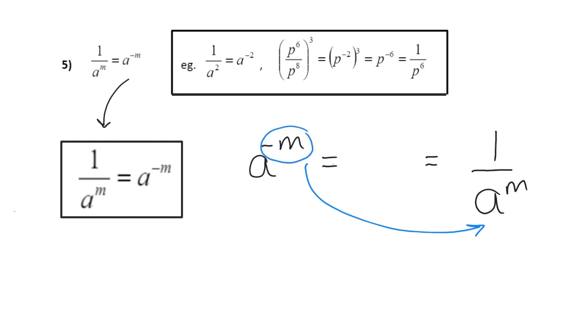But what's actually happened is we've taken, again, the invisible 1 that's at the front; it's appeared now on the top, and the a to the m is down the bottom. So you might have been asking, how do we go from a to the power of negative m to 1 over? Where does that 1 come from? It's the 1 that is at the front, and we need to remember that.